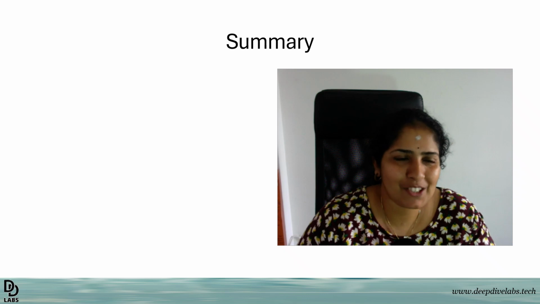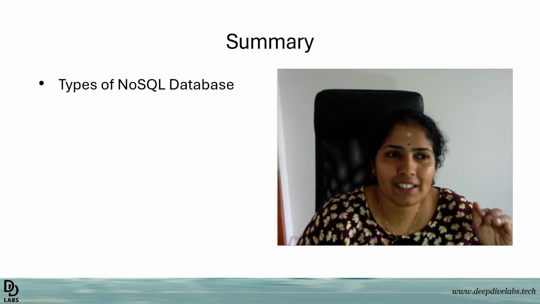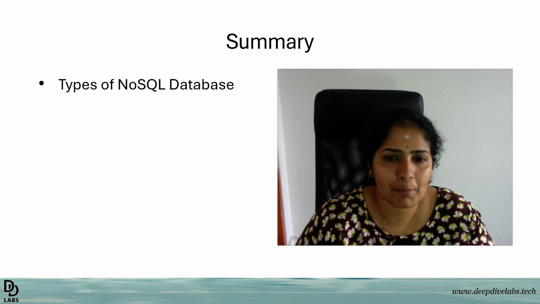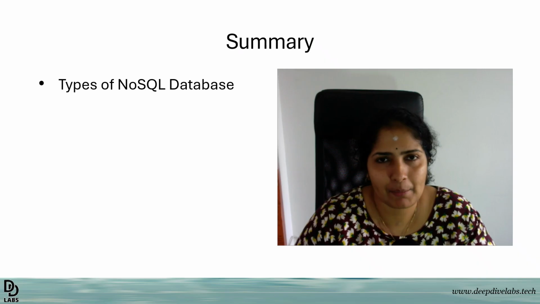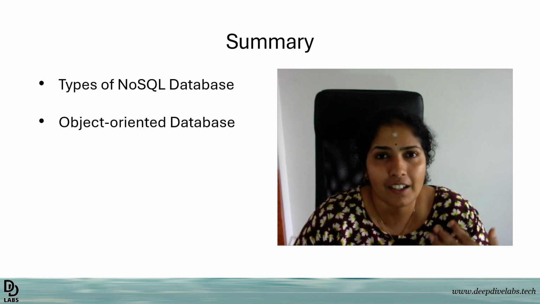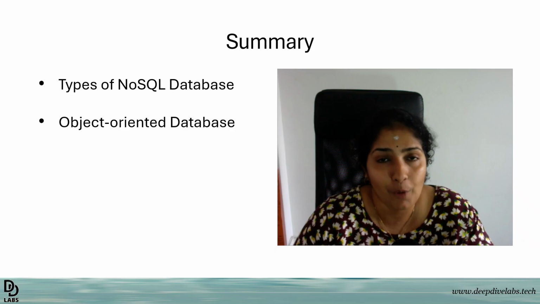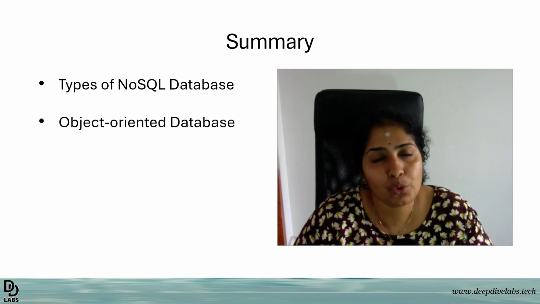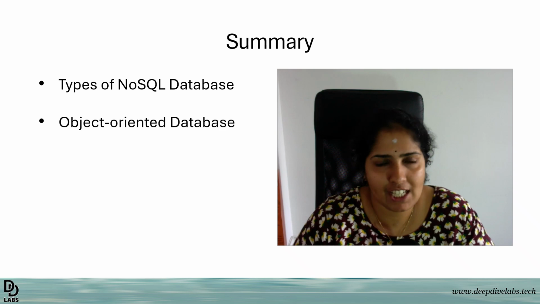So let's summarize what we have learned in this module. We started by reviewing the different types of NoSQL databases, and in this module we have dug deep into document databases, right? We've seen the evolution of it, right from the object-oriented database, which was all helping to solve the object-relational impedance mismatch between the data model and the application layer.